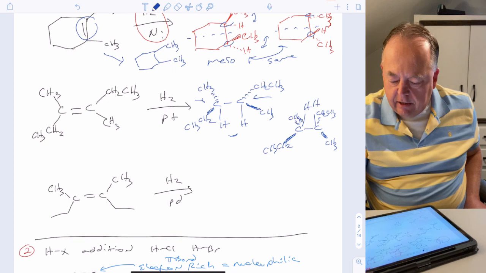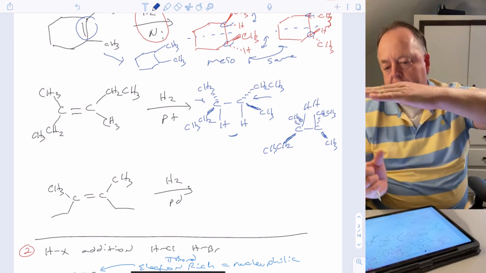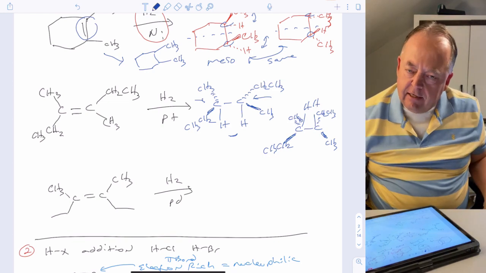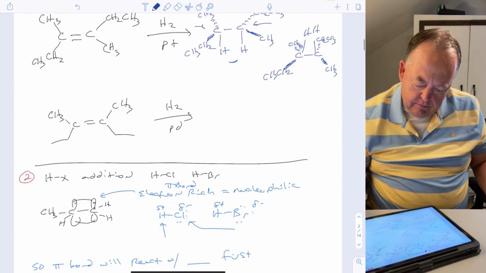So if it's drawn from this perspective, the hydrogens could add from the bottom, or they could add from the top, and that creates a pair of enantiomers in this case.